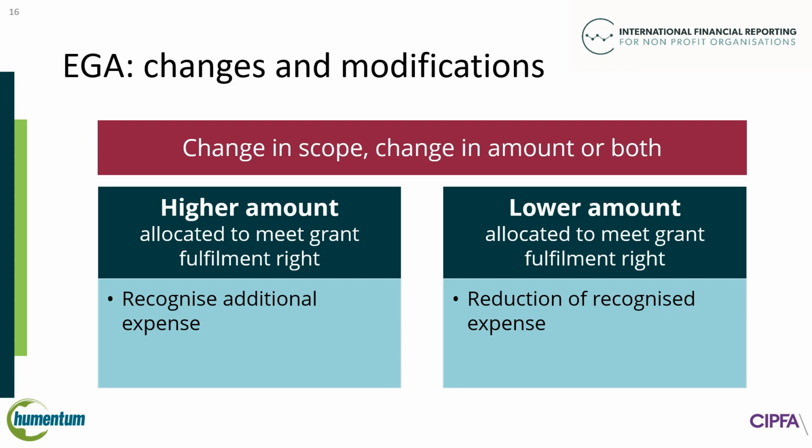Changes may result in different amounts being allocated to grant fulfillment rights that have already been met. If a change results in a higher amount being allocated to a grant fulfillment right, an additional expense is recognized. Conversely, a change that results in a lower amount being allocated results in a reduction to the expense already recognized. Such adjustments would take place when the change is approved.